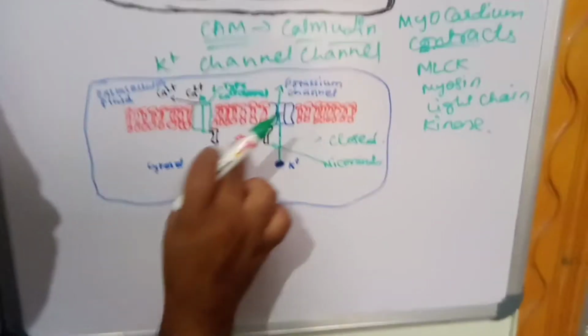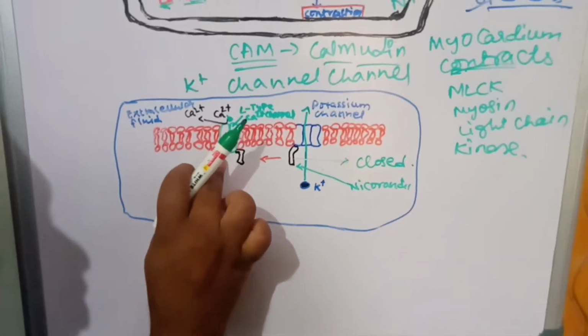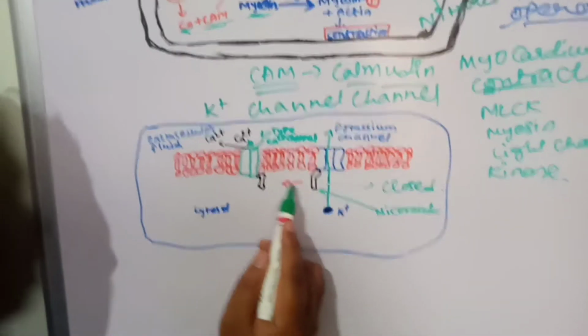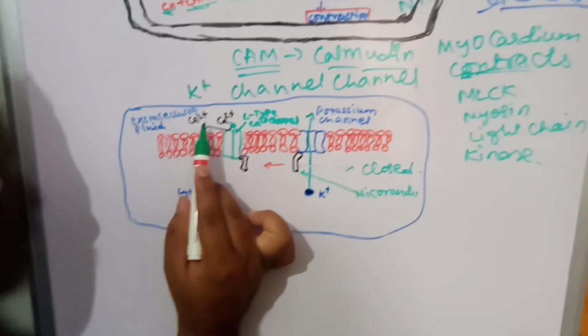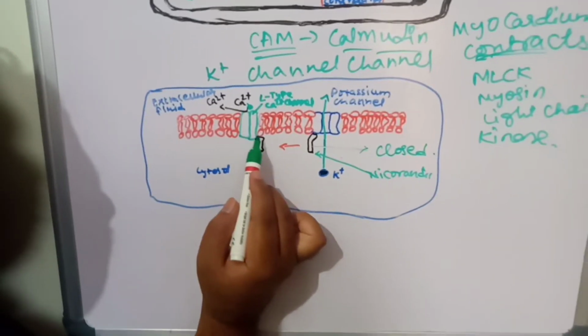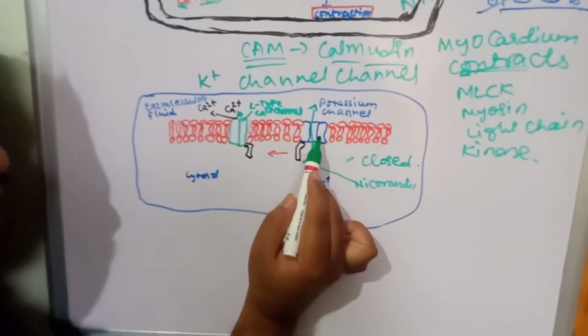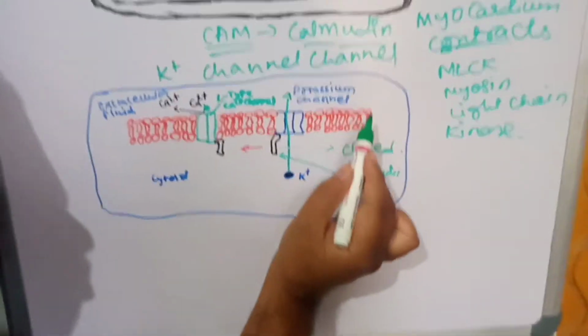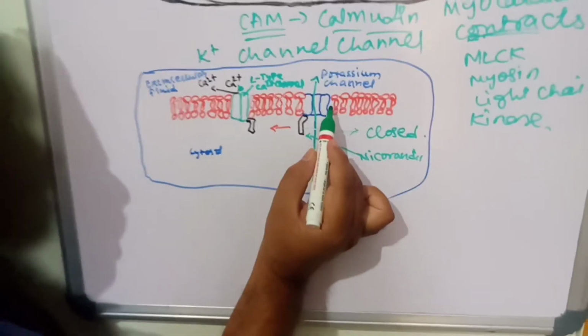Now when this particular key is opened, it will go and bind to the calcium channel. So the key is transferred from one to the other. The calcium channel which was opened previously will get closed, and the potassium channel which was closed will get opened.